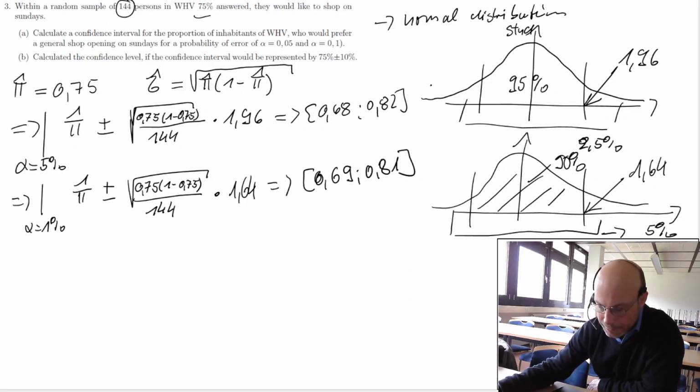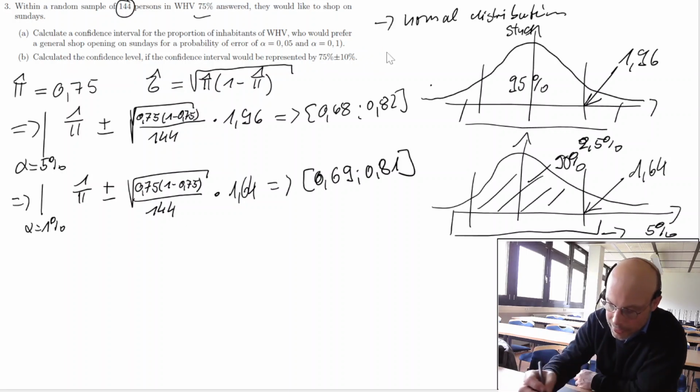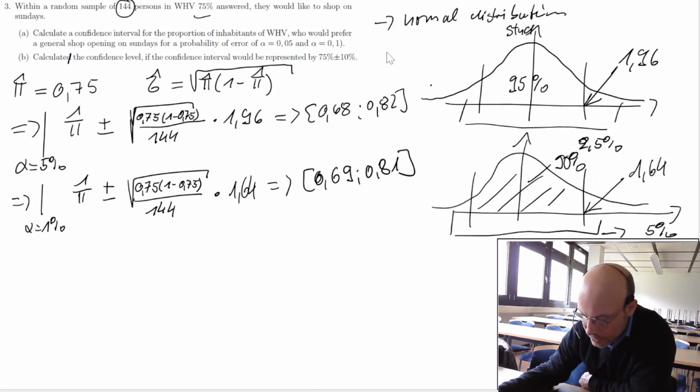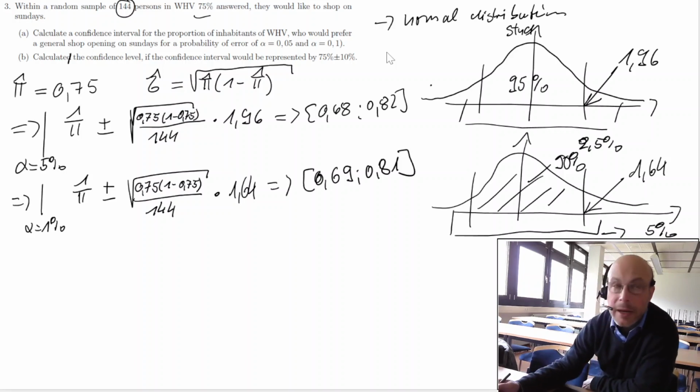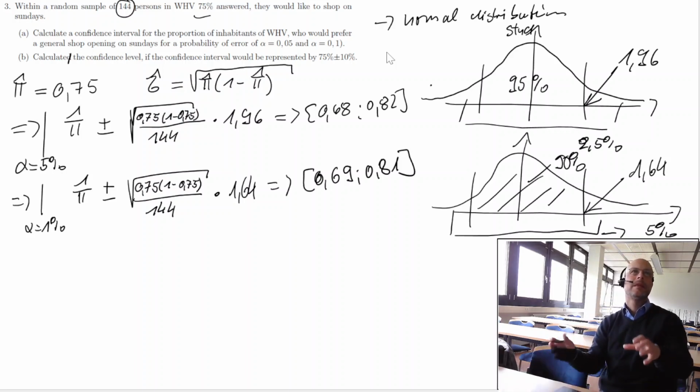Okay. And the last question. Calculate the confidence level if the confidence interval would be represented by 75% plus minus 10%. So now we are coming from the other side.